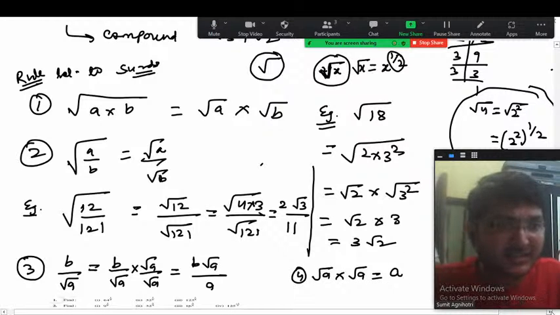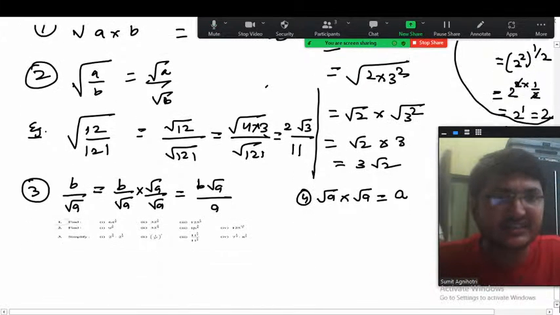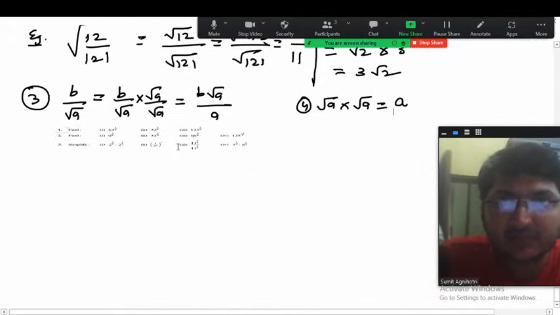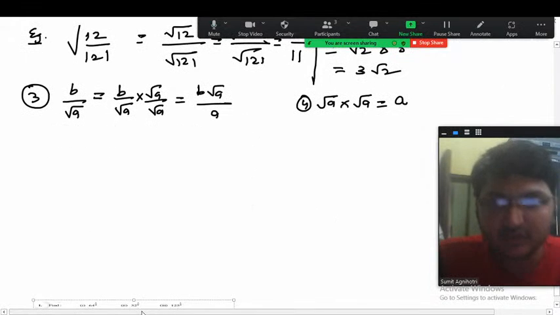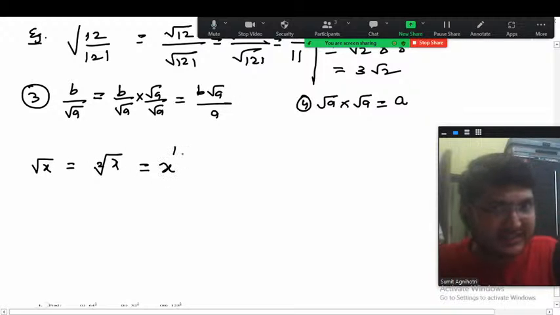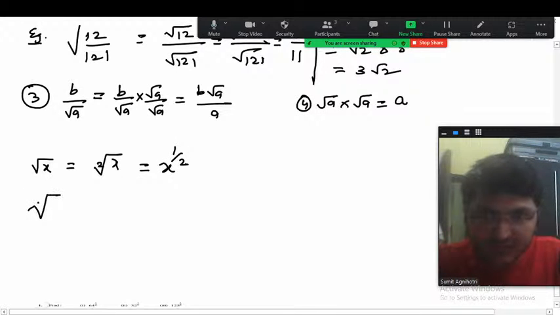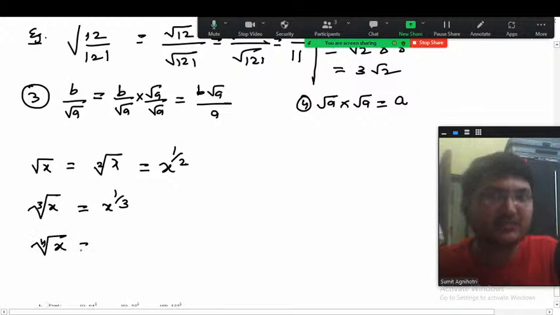But do remember, this is a very important thing. If I am using this surd for square root, that means 2 is written here, and it also means the index is 1 over 2, the exponent is 1 over 2. Similarly, if I am using 3 here, it means the exponent is 1 over 3. If I am using 4 here, the exponent is 1 over 4.